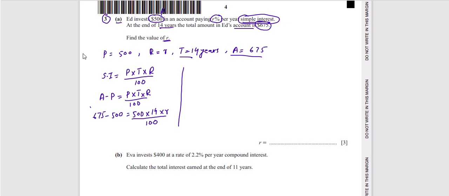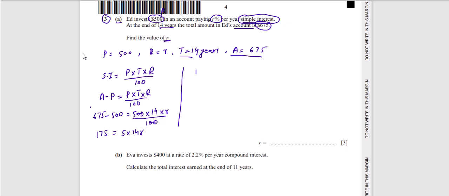So 675 minus 500, we get 175, is equal to 500 multiply with, so this 100 cancels with this 500, remaining is 5 multiply 14r.